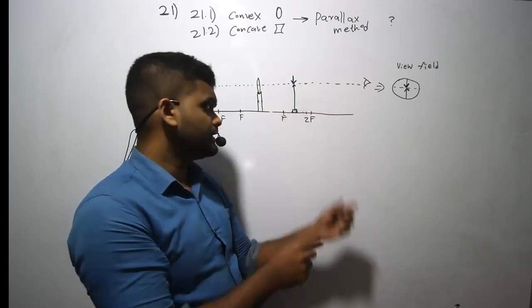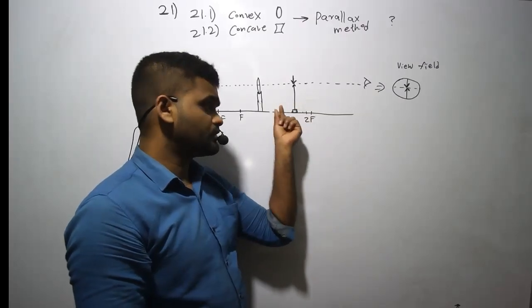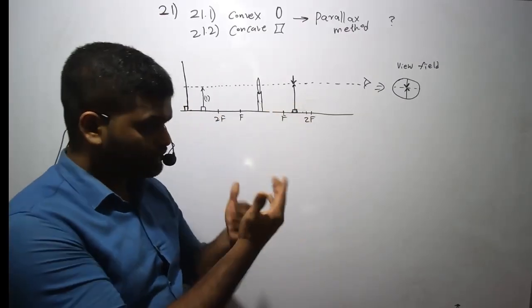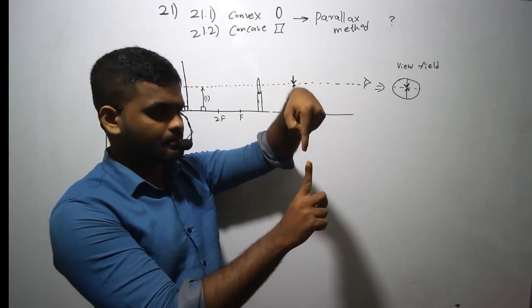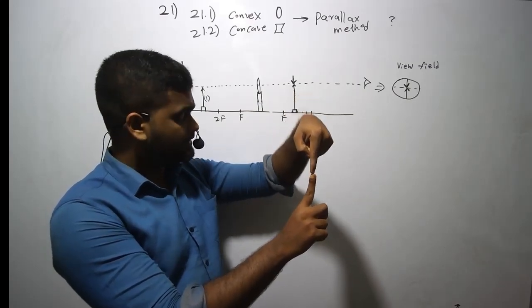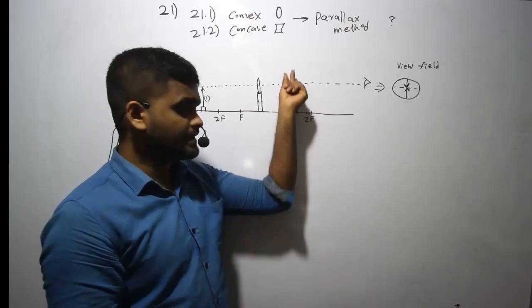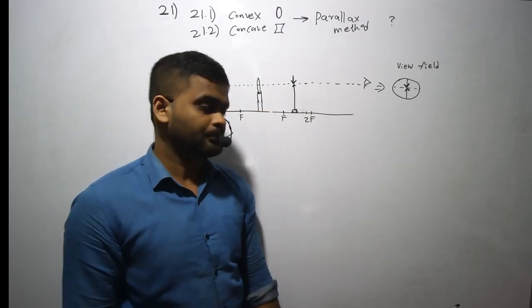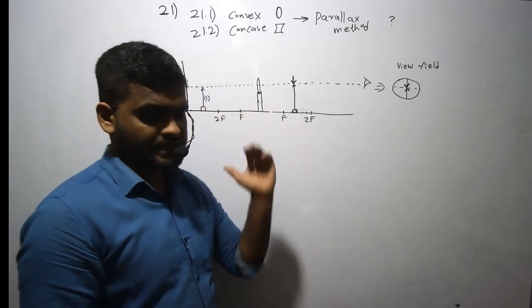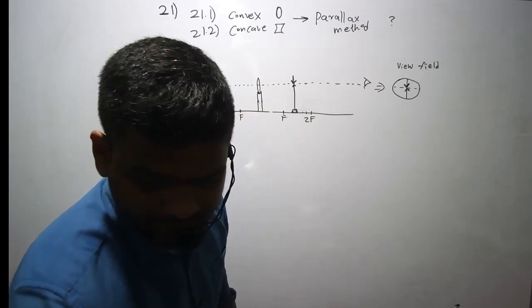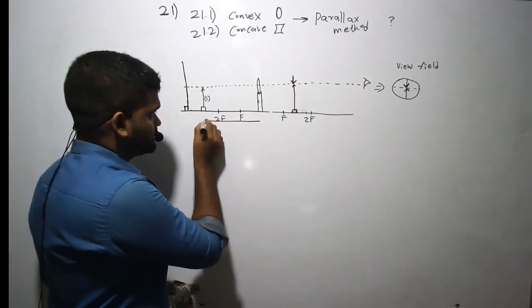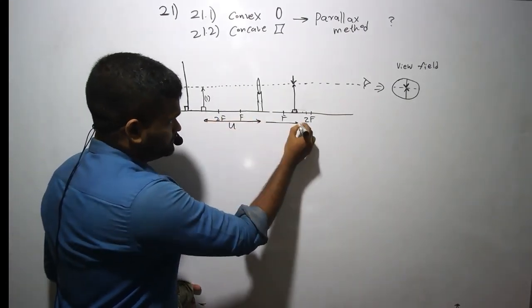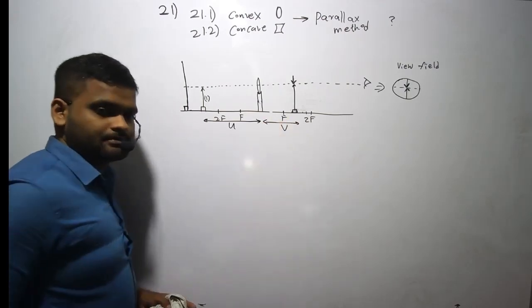So whether to move the observing pin towards or away from the eye, you need to know that. So like that you can get the position that coincides with the image. Then this becomes the image distance for this object distance. So this is u and this is v.